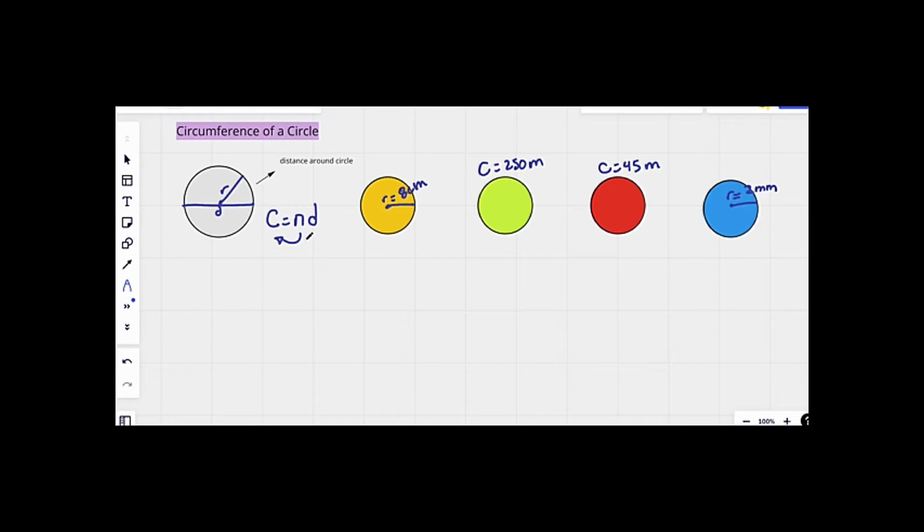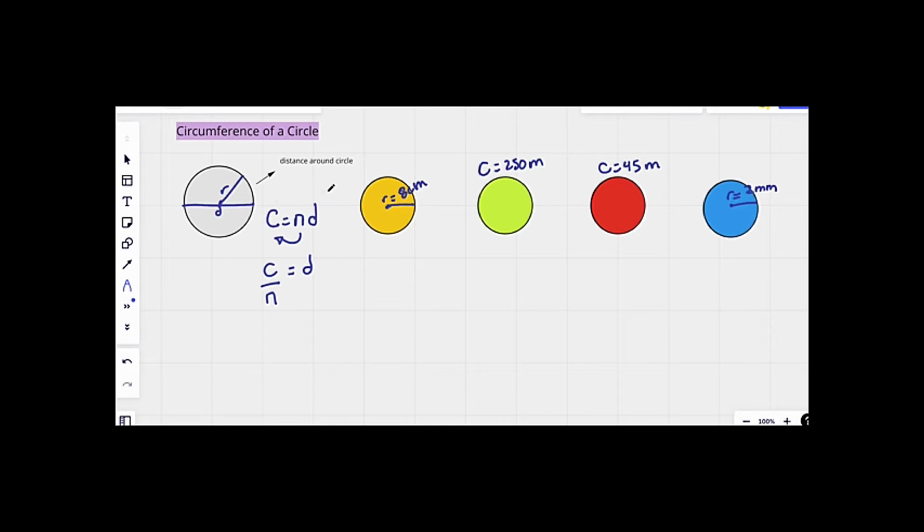So what's the opposite of multiplication? The opposite is division. So that means that in order to leave d by itself and move pi to the other side of the equation, we have to divide. So our circumference has to be divided by pi, and that's how we're able to calculate the diameter. So remember that.